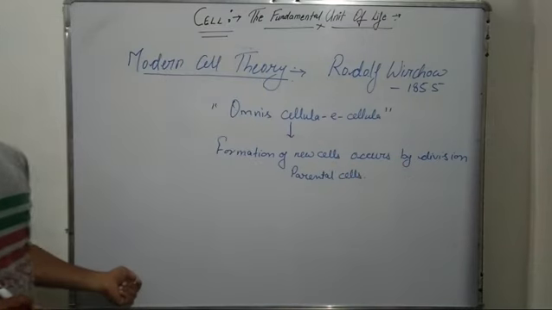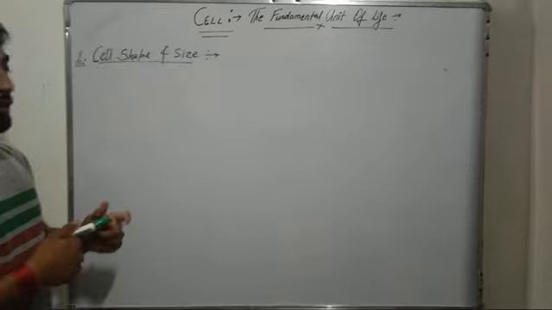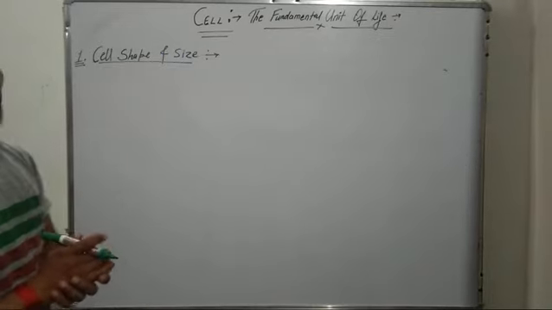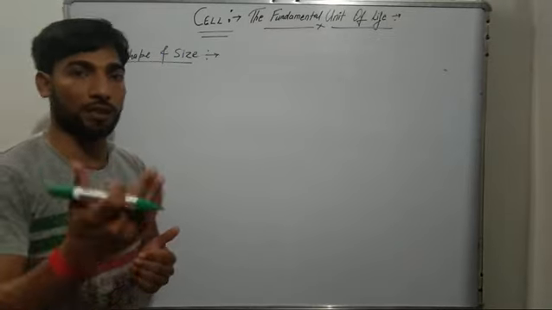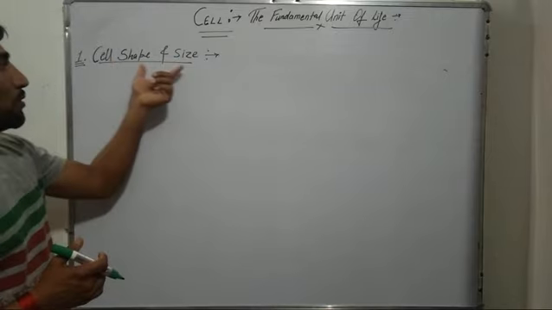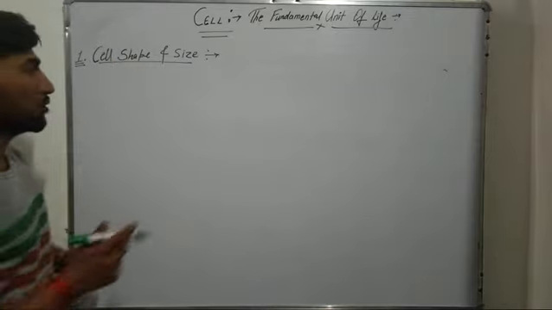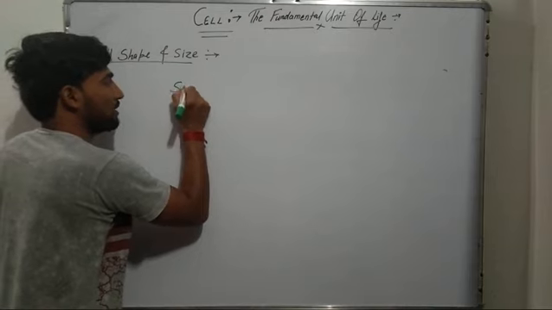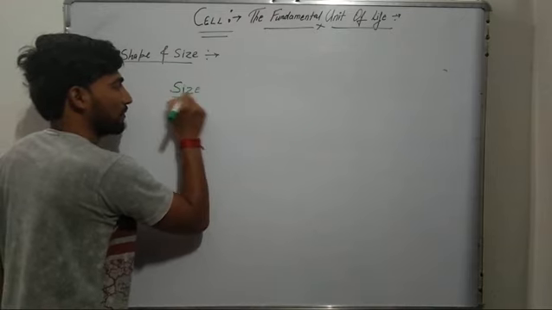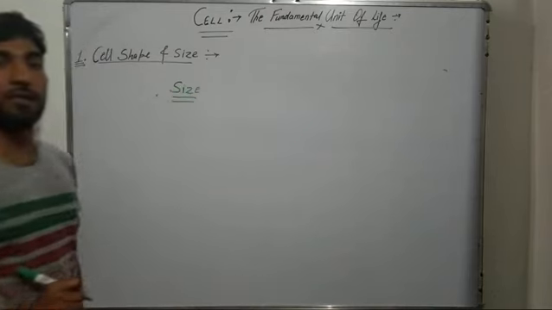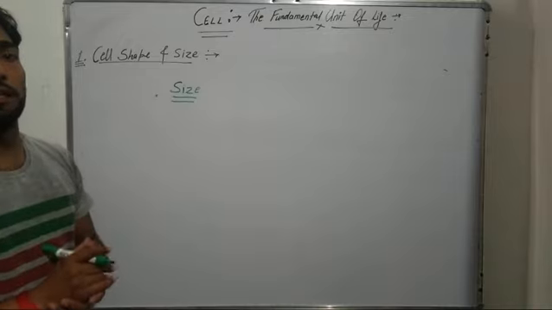Now we will discuss the structure of the cell, and in this portion, first we will discuss the size and shape of the cell. So first, the size of the cell. As we know, cells vary greatly in their size.